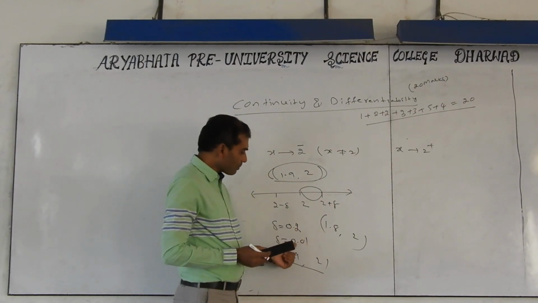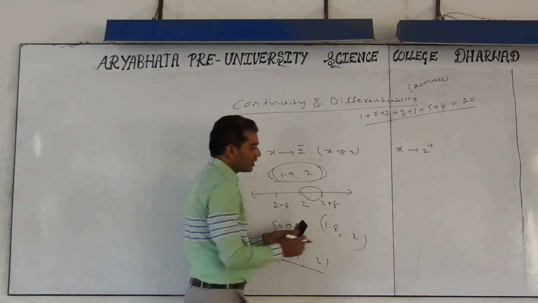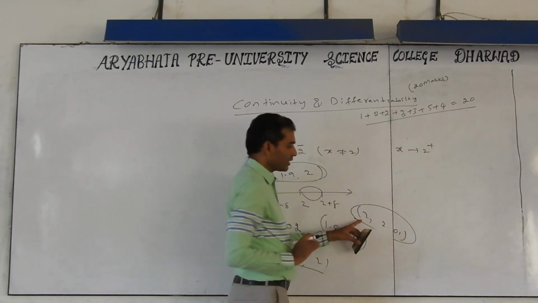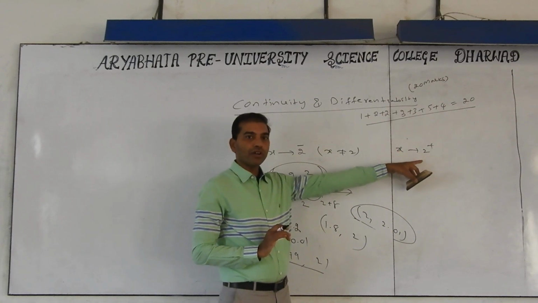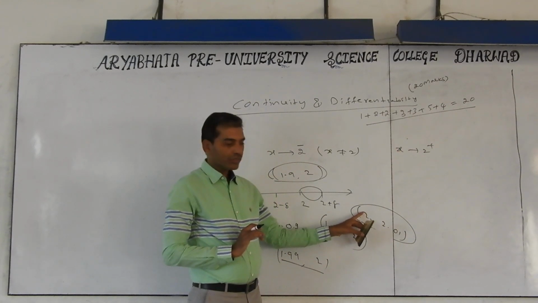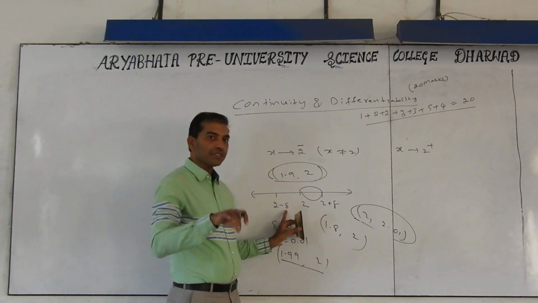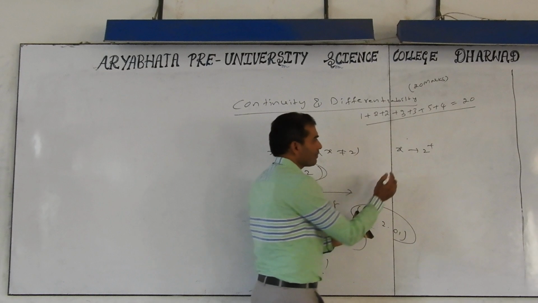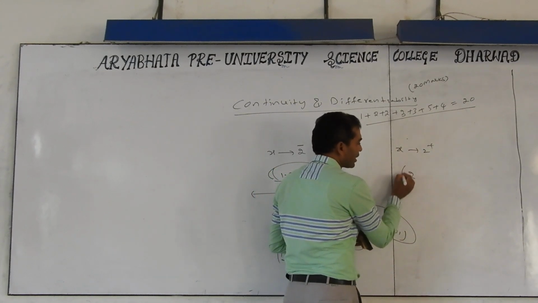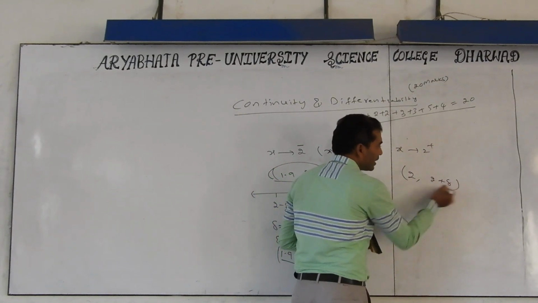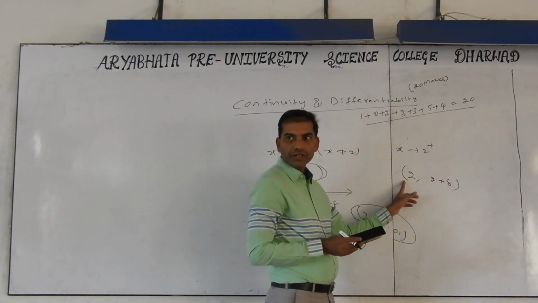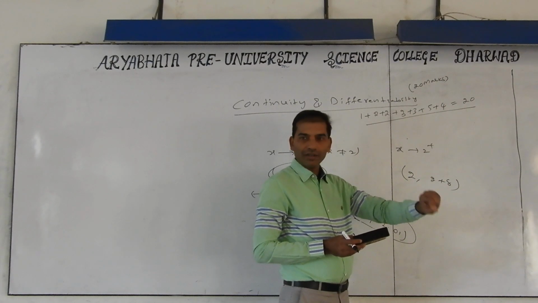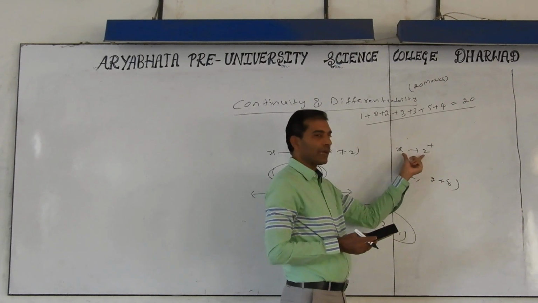If you take delta equal to 0.01, then the open interval 2 to 2.01 is the right neighborhood of 2. We don't know delta, but it is very small. So we can write the right neighborhood of 2 as the open interval (2, 2 plus delta), where delta is a small number.